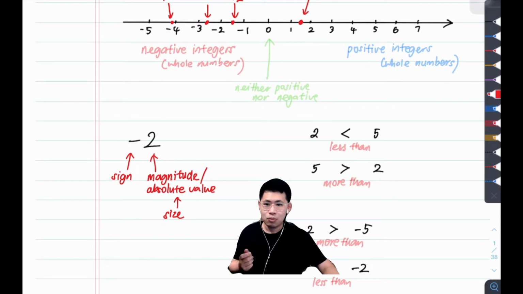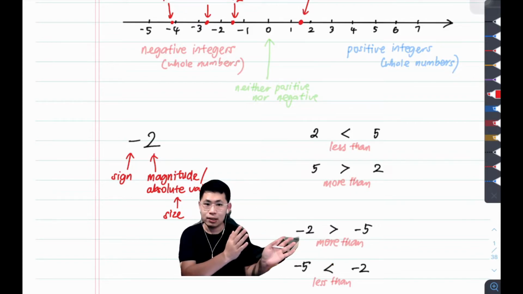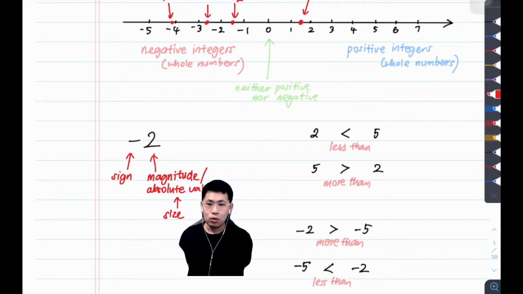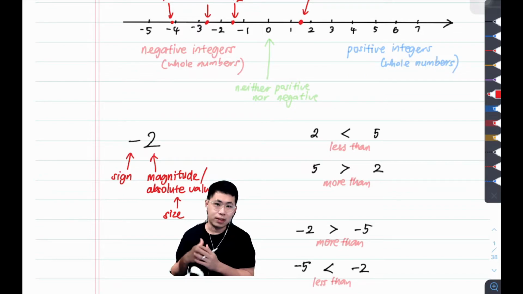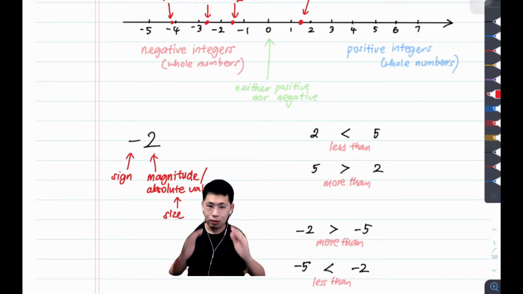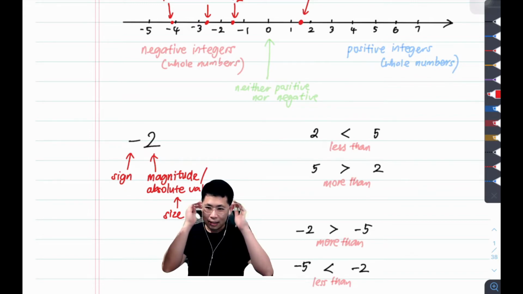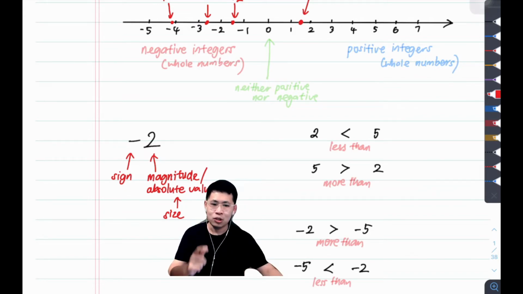And last but not least, we also played with a little bit of the numbers over here, and then we need to compare the size between the two numbers, whether it is less than or more than, using these symbols over here. Alright, so this ends the first part of our video, and at the second part we're going to look at some examples from our textbook. So with this, we need to get ready our textbook.